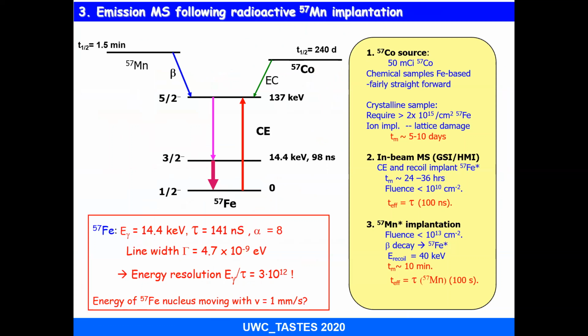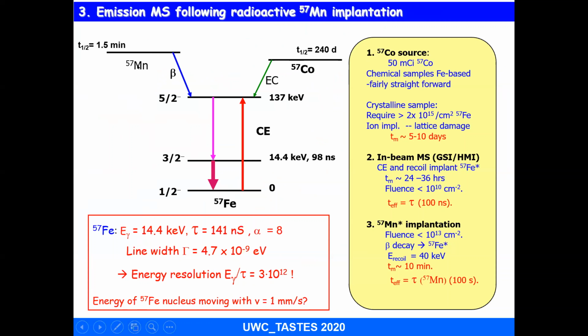In the case of iron-57, the critical state is the 14.4 keV state. This can be reached in 3 different ways. Either through a cobalt-57 source, which has a half-life of 240 days, so most laboratories that do in-house experiments use cobalt-57 as their source.